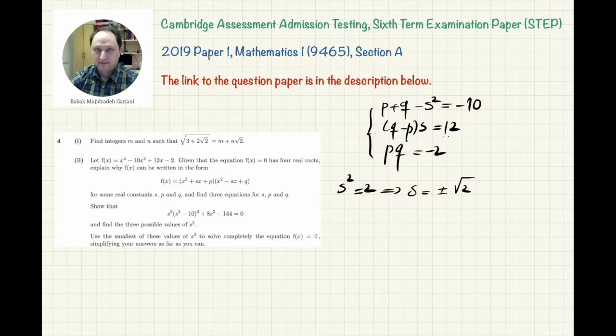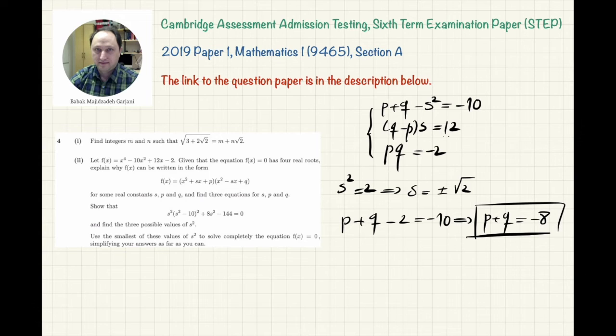But here s squared is 2, so I can put it here. Then it means that I have p plus q minus 2 is equal to minus 10, so I get p plus q is equal to minus 8.